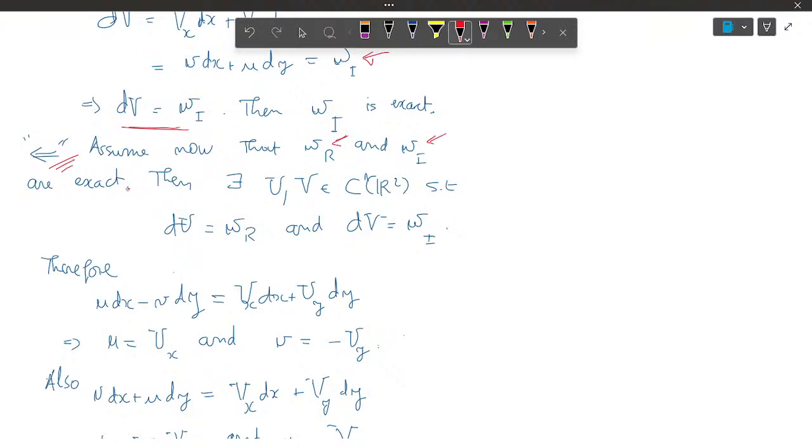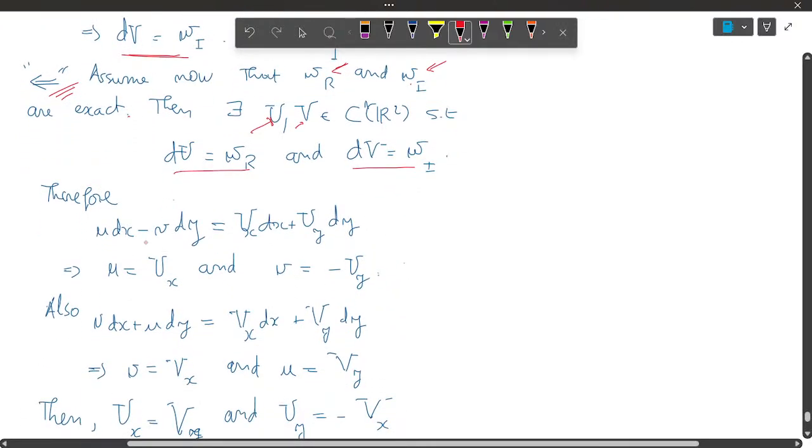That means if a one form is exact, for WR you can find this capital U, and for WI you can find this capital V, which are C1 functions on R2, such that dU is WR and dV is WI.